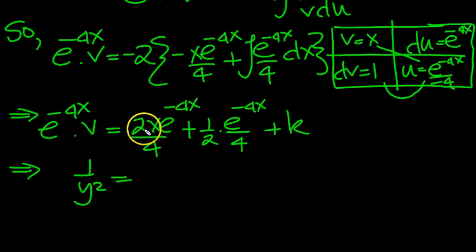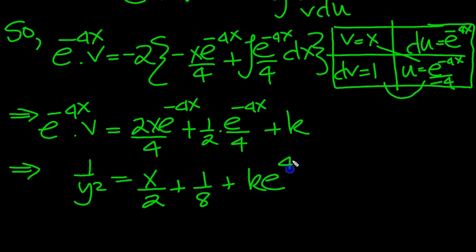So the v is 1 over y squared, this is a half, so it's x over 2, plus 1/8, plus, remember we said k e to the 4x was there, because we times it by e to the 4x.